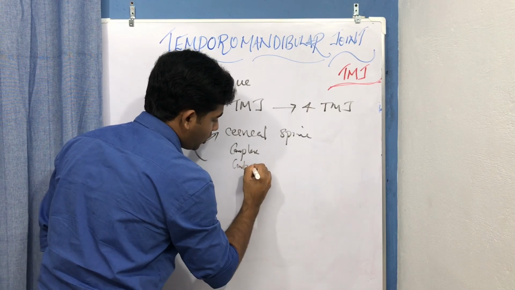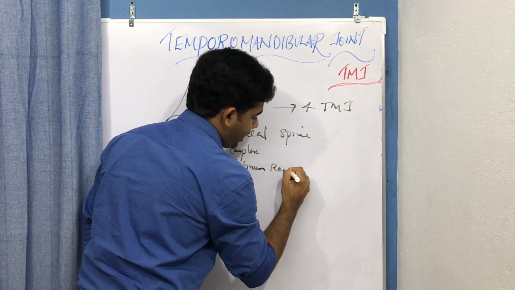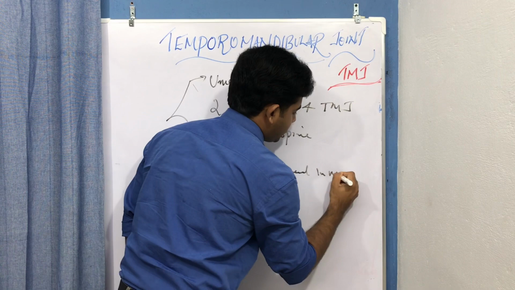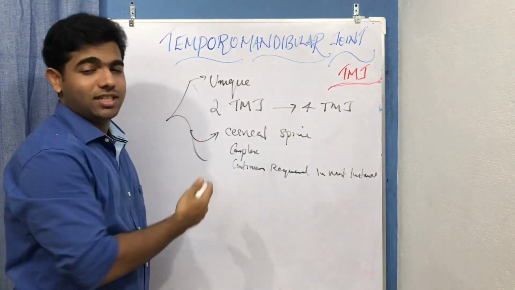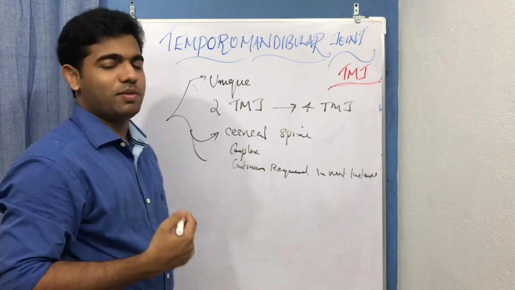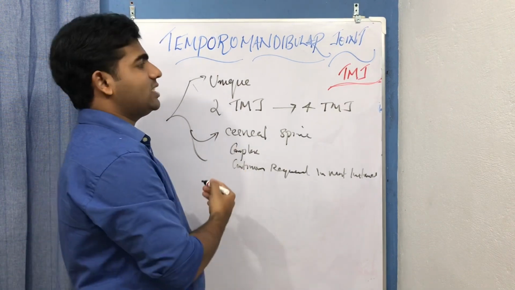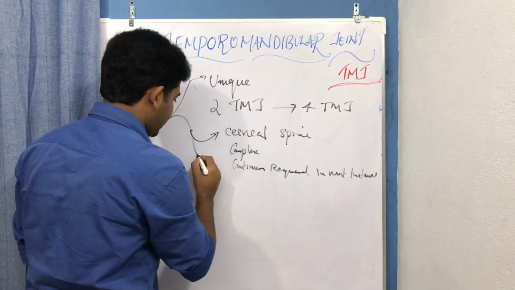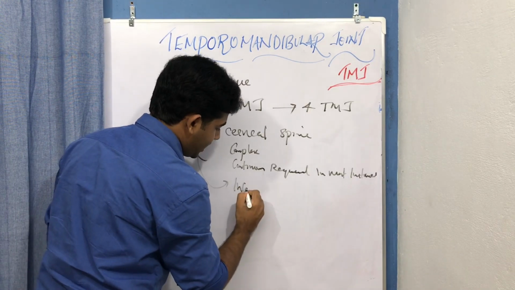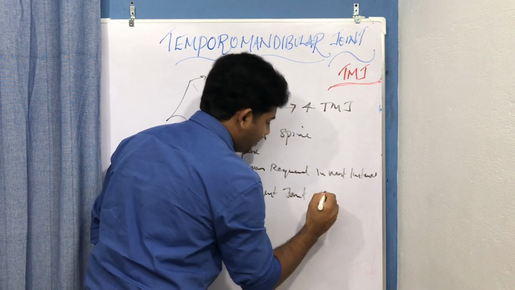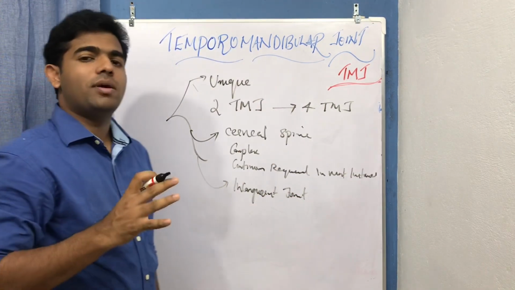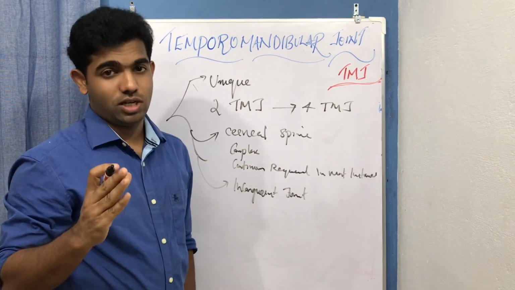Continuous motion is required in most instances, and especially if you're someone who speaks a lot, this is going to work even more, right? And it is an incongruent joint. These are the few things that you need to remember about the temporomandibular joint in particular.